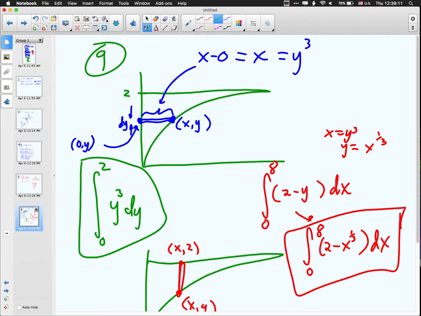With this one, it's not a triangle, it's some curvy shape. The only way we're going to be able to figure out the area is by doing this thing, which we know means antiderivative. And that is what we will be talking about on Monday.